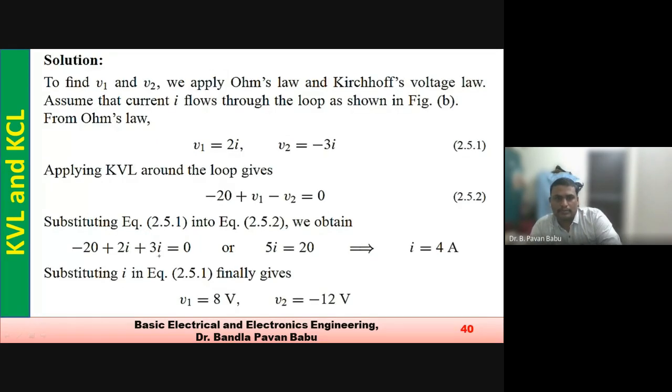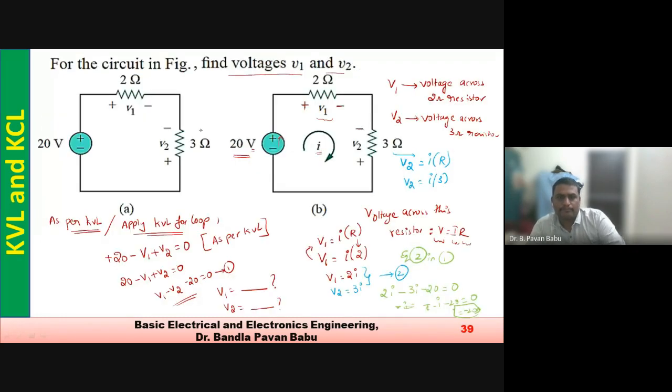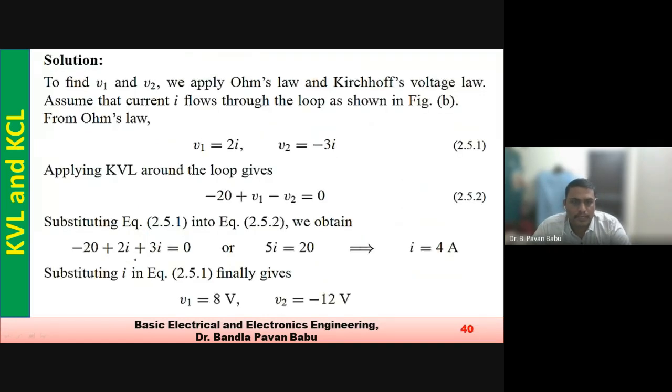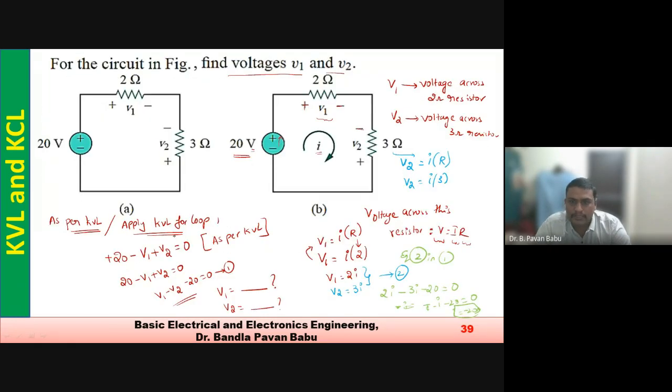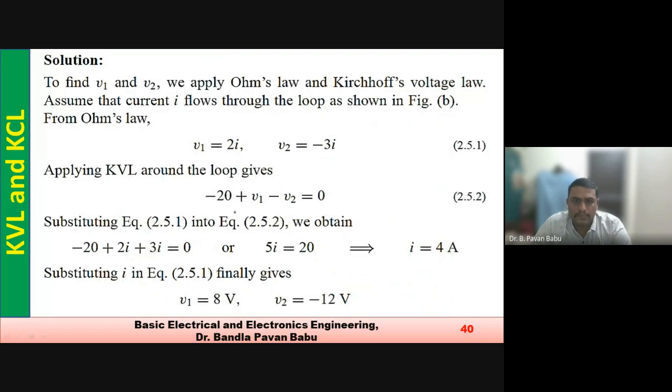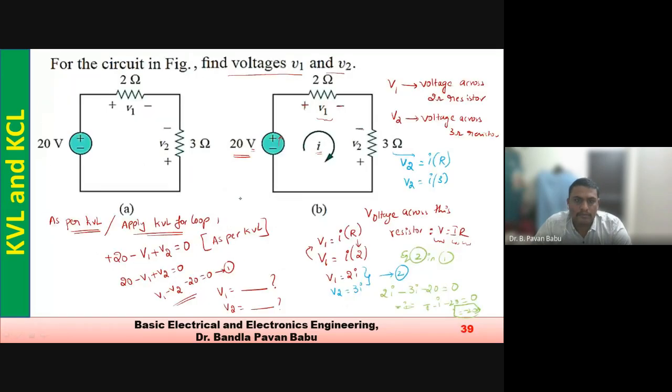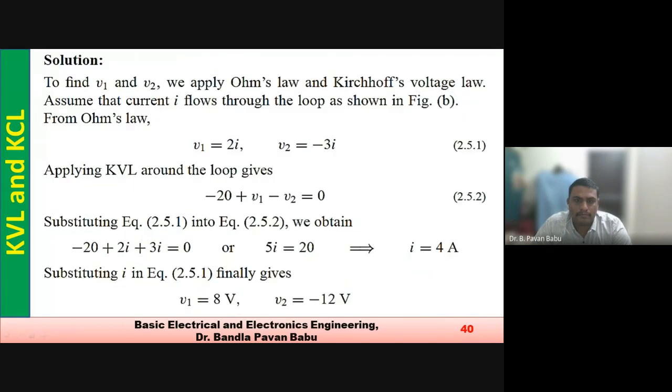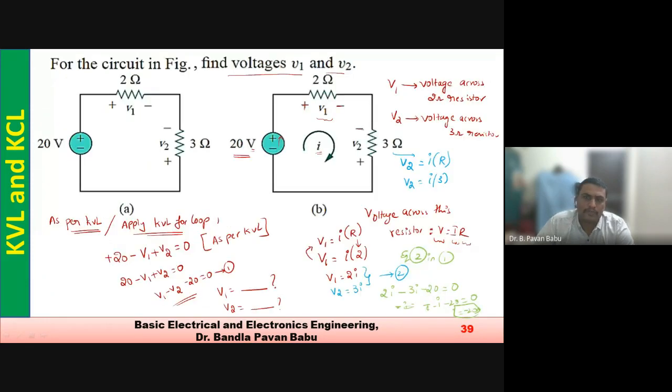So 2I, so polarity, 2I plus 3I. So it is 2I and 3I, it is correct. So you can just follow this. Okay, so this is 20 amps, no issue.